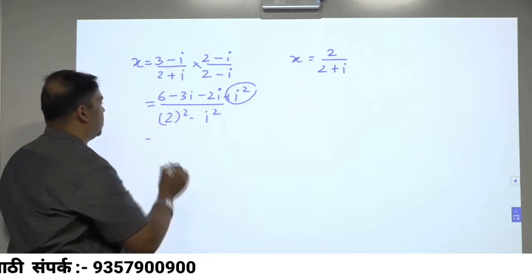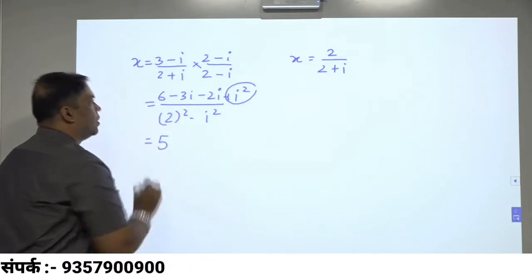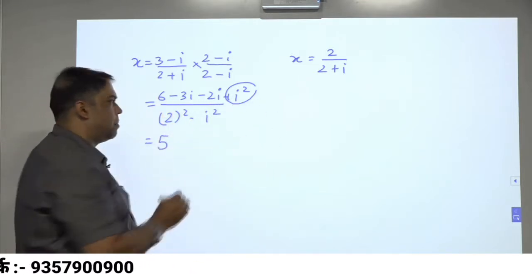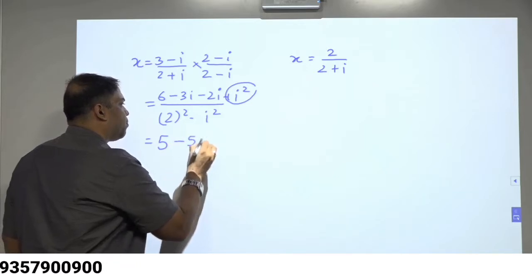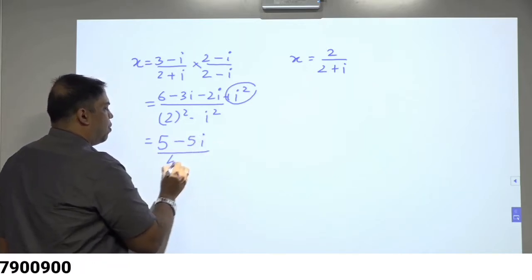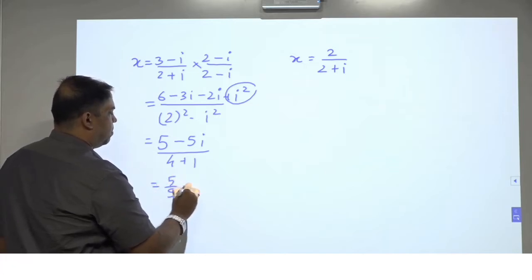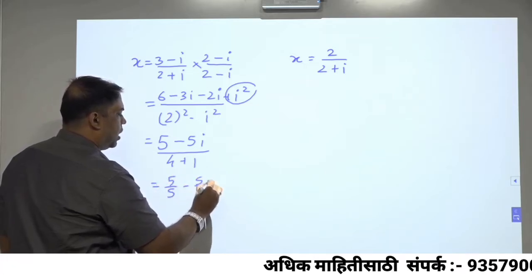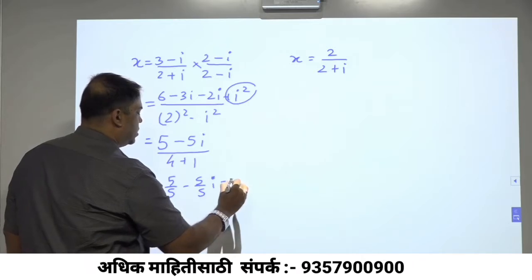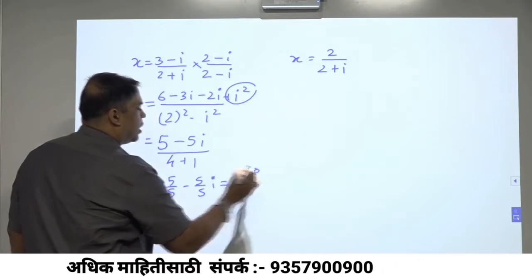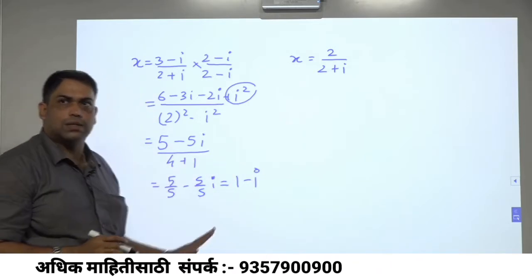So 6 minus 1 will be 5, minus 3i minus 2i is minus 5i. And 4 plus 1 is 5, so 5 upon 5 minus 5i upon 5. So my final answer is 1 minus i. This is one of my answers.